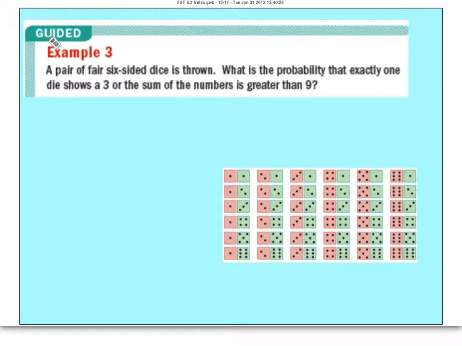Okay. Let's look at this one. We have our pair of 6-sided dice again. We're looking for the probability that exactly 1 shows a 3 or the sum of the numbers is greater than 9.